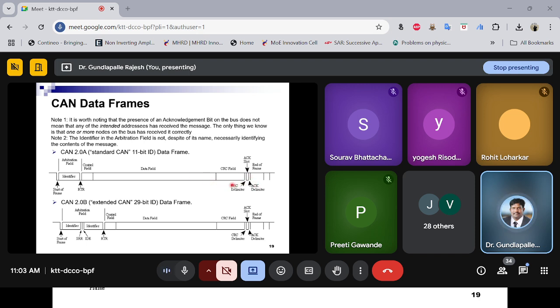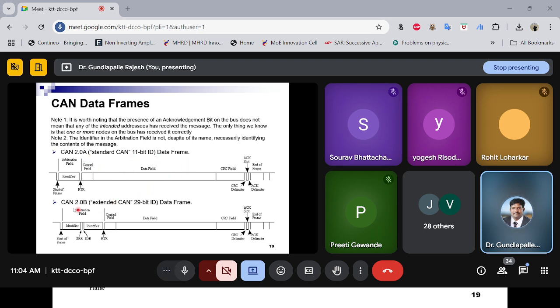Then using the CRC delimiter, this status will be sent back to the sender, so that the sender will retransmit the data again. This is the start of the data frame, and this is the end of the data frame. Now this is your CAN 2.A standard.